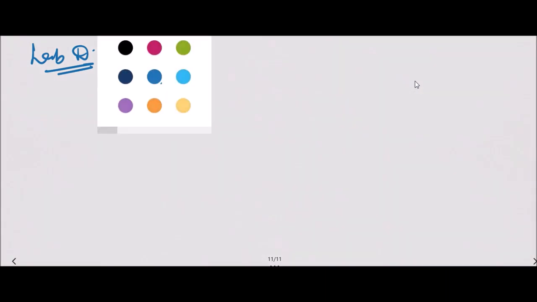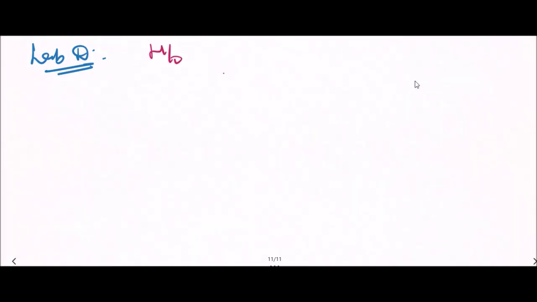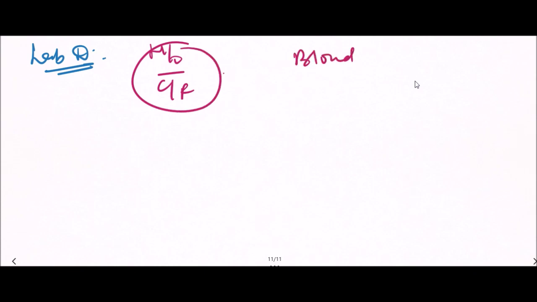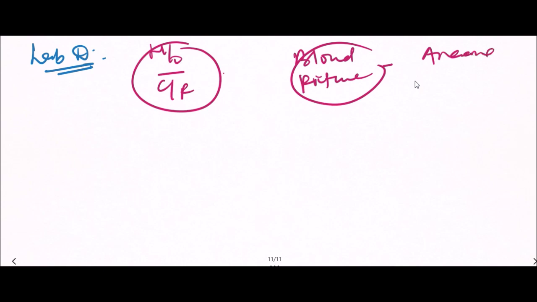Now, how to diagnose lead poisoning? Based on the history and clinical features, we can diagnose lead poisoning. And the blood picture is also very significant. It shows anemia and raised erythropoietic protoporphyrin. Punctate basophilia is also a characteristic feature.